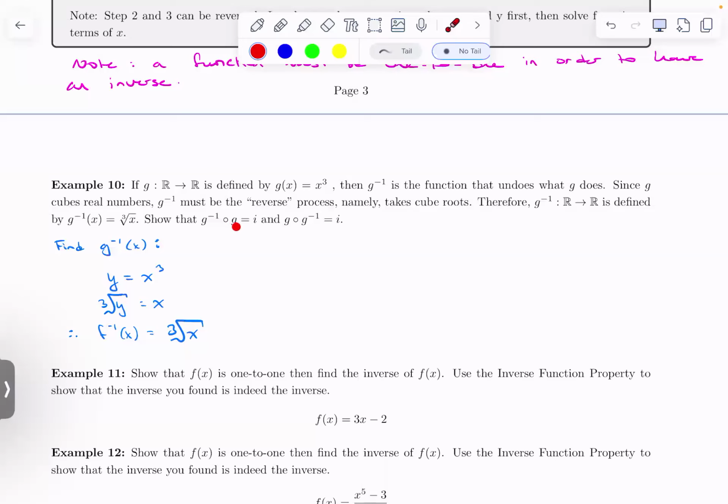G inverse composed with G has to be the identity, and G composed with its inverse has to be the identity. And so let's start with G inverse composed with G, which is G inverse of G of x.